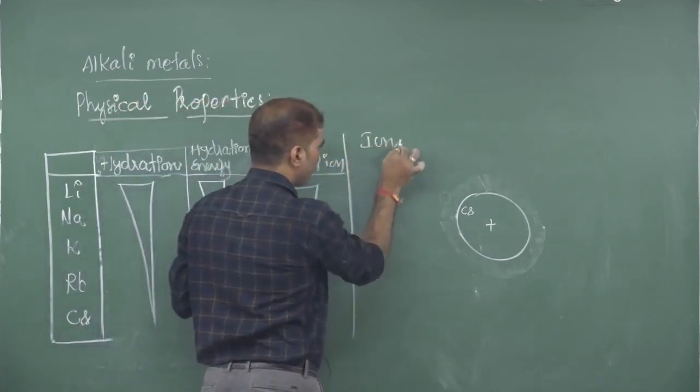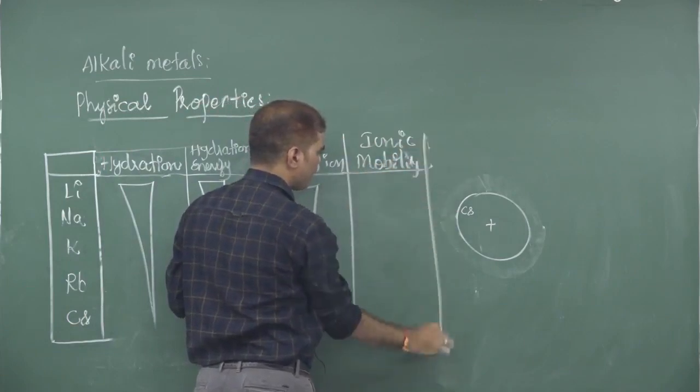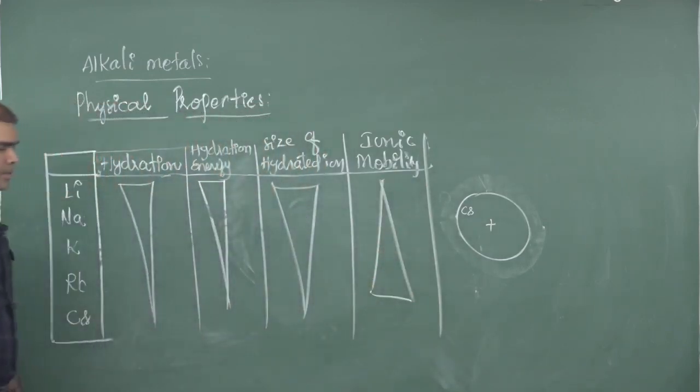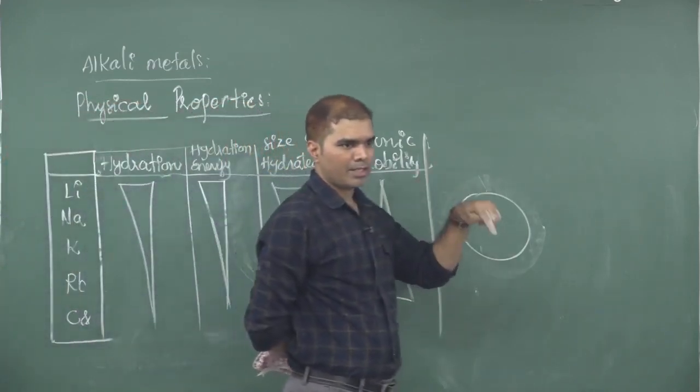What happens to the ionic mobility? Ionic mobility increases. This is the most important point. Why is ionic mobility increasing? At a very first instance, when you look at the size, you will say this is larger size, that should move slowly. But whenever it is hydrated, the size of the hydrated ion is decreasing.